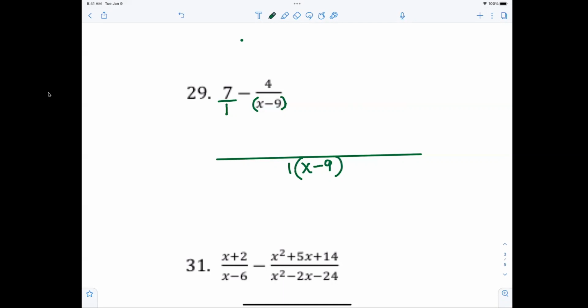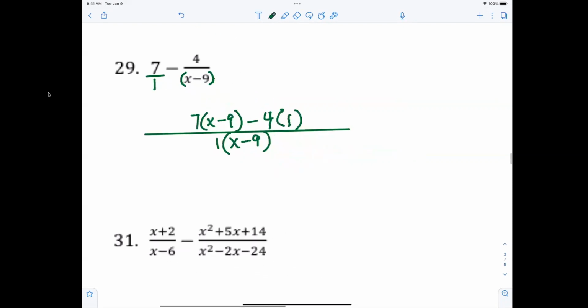So the first fraction I have to multiply by what? Yep. Minus 4. Now, technically, I'm just going to go ahead and put times 1 just because, but it's definitely not necessary.